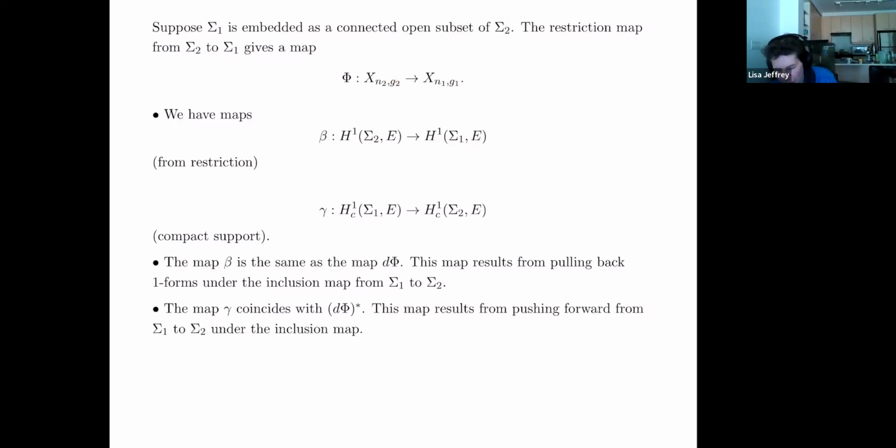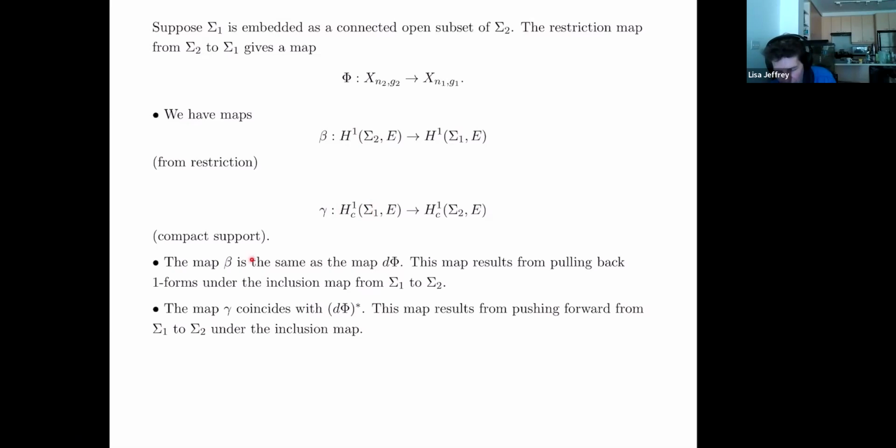And we have a map which I'll call beta, which goes from the first cohomology of sigma 2 to the first cohomology of sigma 1. This just comes from restriction. And another map which goes in the other direction for compactly supported cohomology.